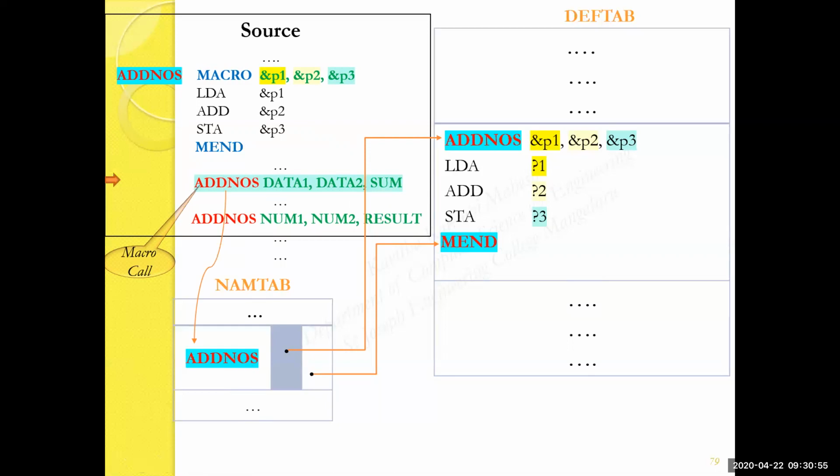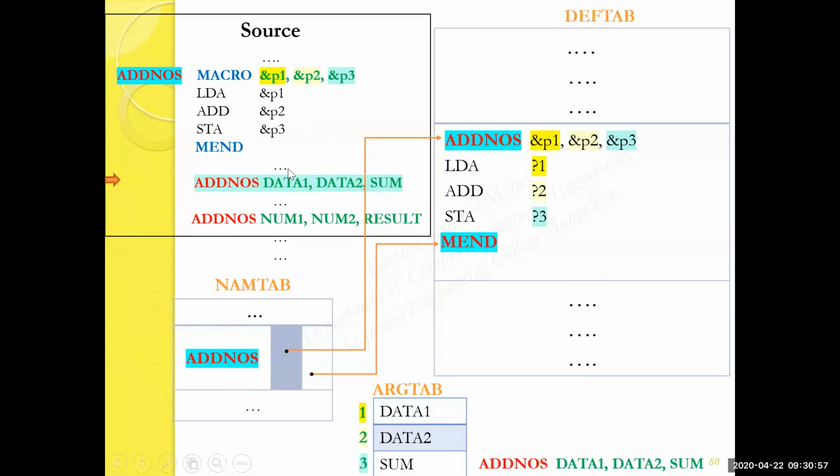So this is identified as a macro call, and the macroprocessor sets up an argument table by keeping all arguments in the argument list following the macro name in the order of its position. The first argument is data1, which will be placed as the first entry in the argument table. The second one is data2, which is saved as the second entry, and the third is sum.